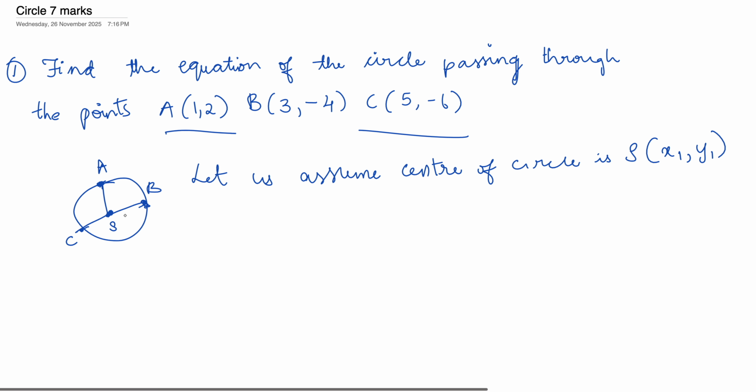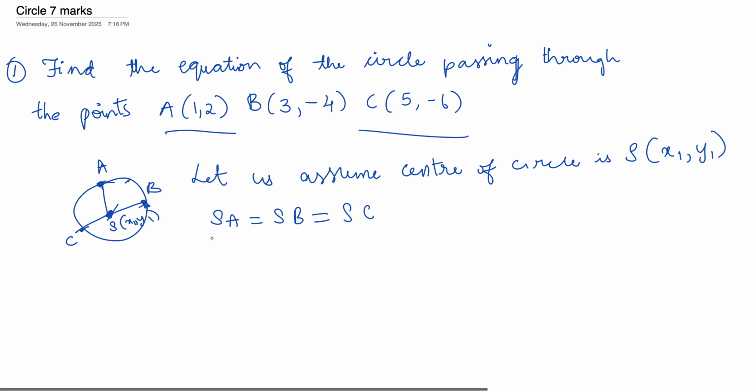As we discussed, the distance between the center and any point on the circle is equal, because that is the radius of the circle. So we can say SA is equal to SB is equal to SC.